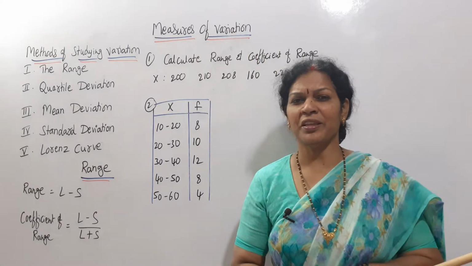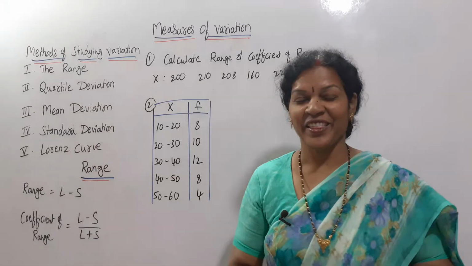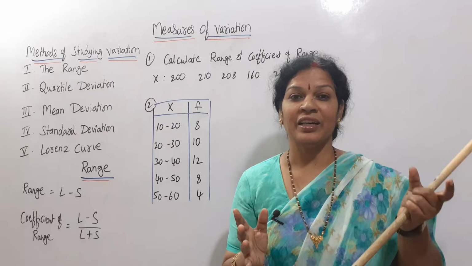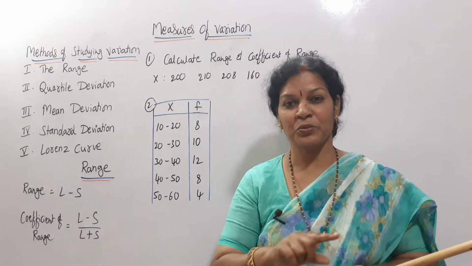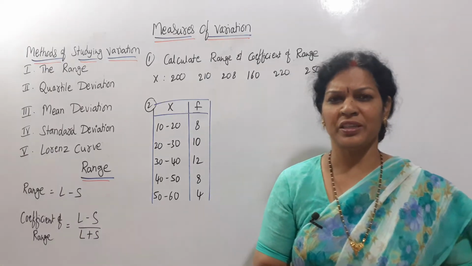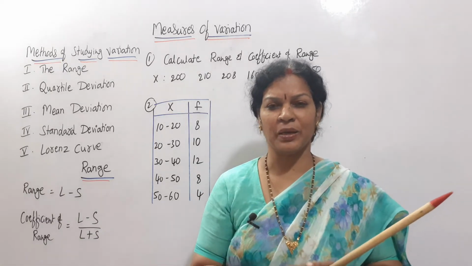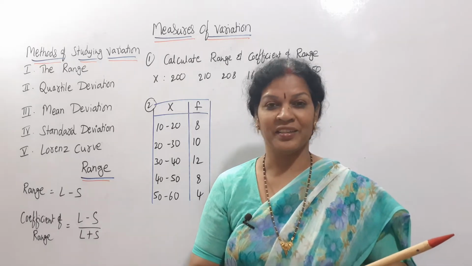Now let's focus on the range. First topic, the range. What does range mean? It's the difference between the highest value and lowest value. Suppose in our class, the highest marks in statistics is 100 and the lowest is 20.